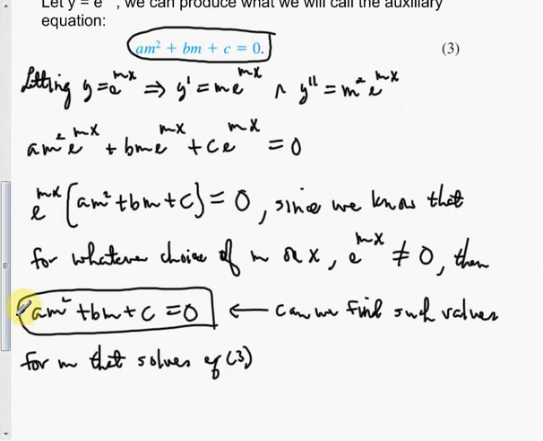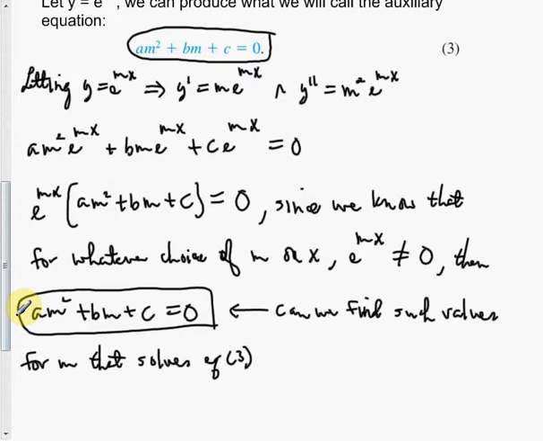How many possibilities of m? What kind of equation is equation number 3, first of all? Okay, it's quadratic, right? If it's quadratic, then how many possibilities of the value of m would it take on? 3.